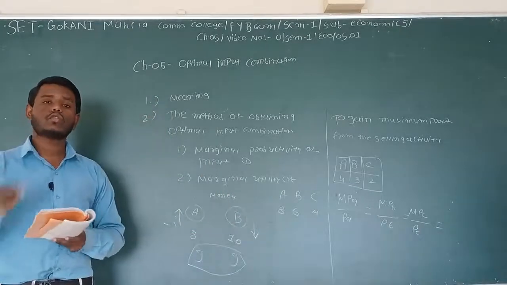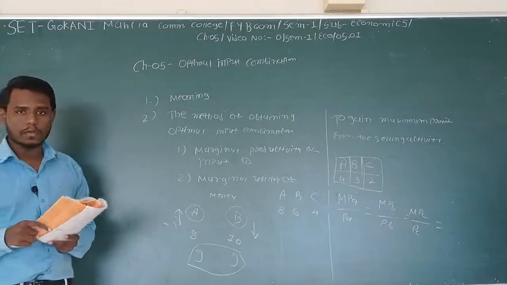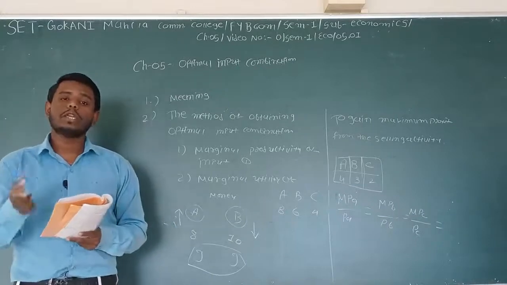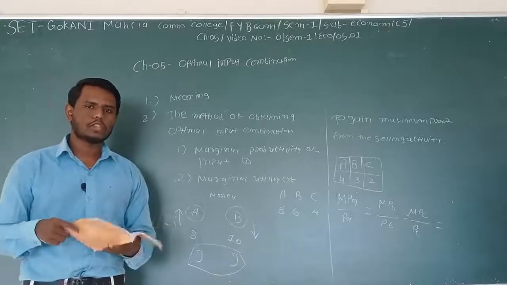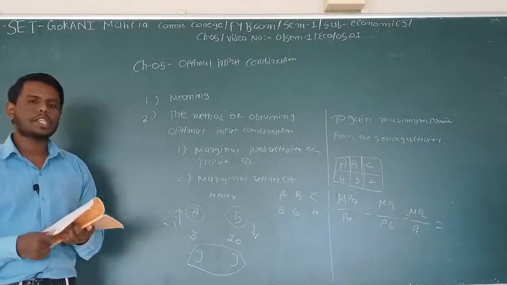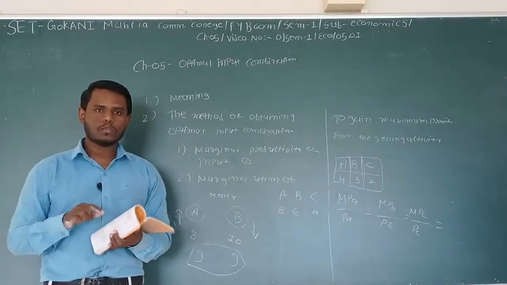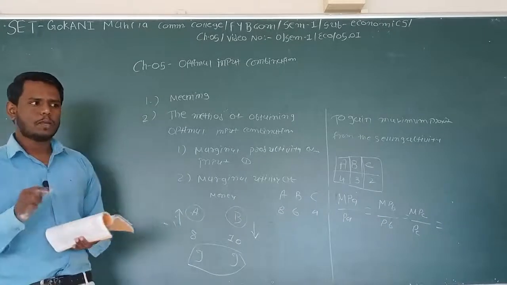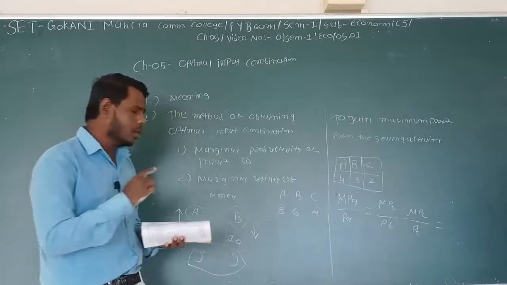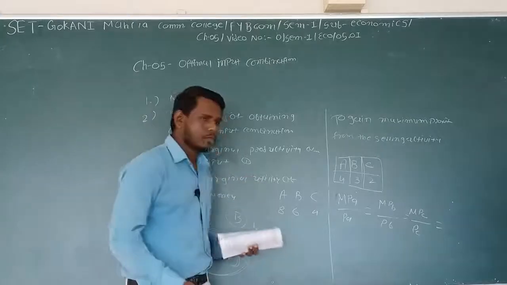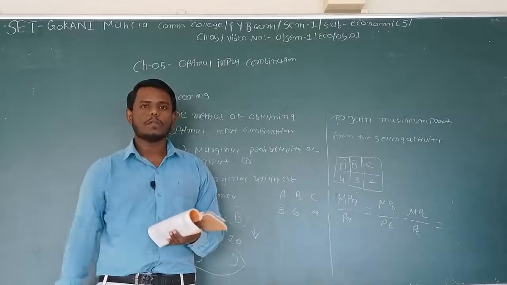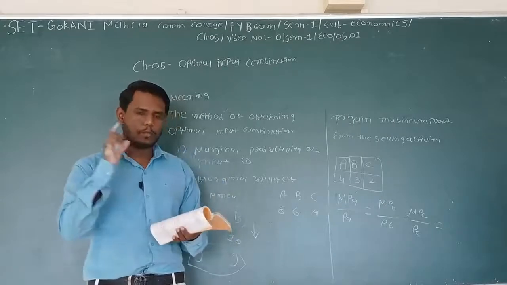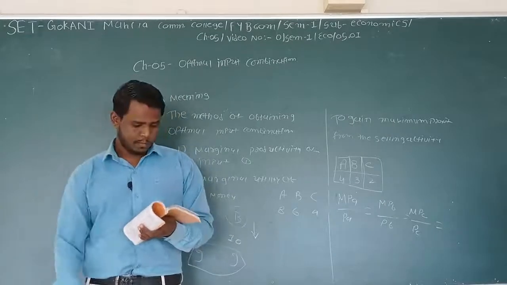So once this combination is not done by you, you will never get the optimal input combination. So the second assumption is you can make changes in the input combination. Say, for example, if you have three inputs A, B and C, as per your desire you can make changes over input A, input B and input C.